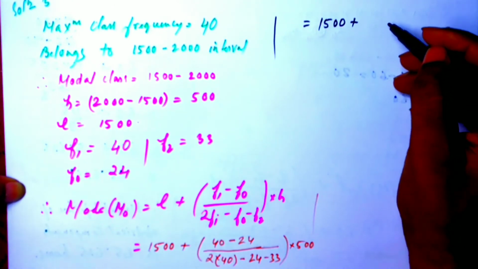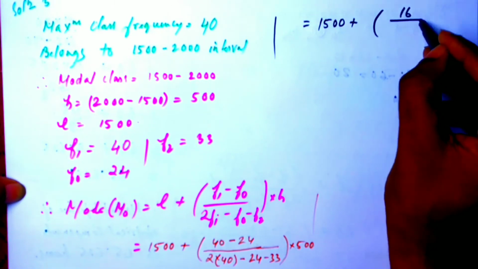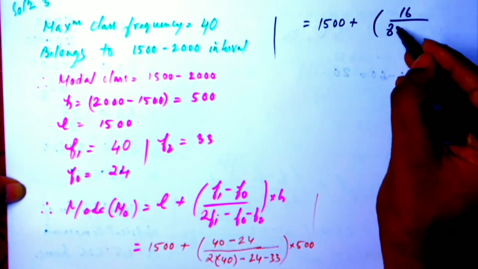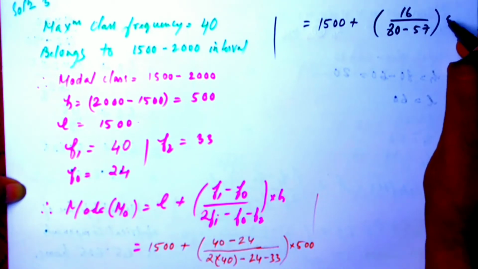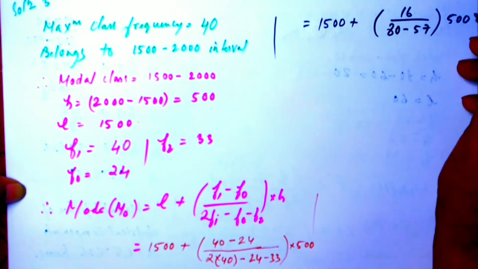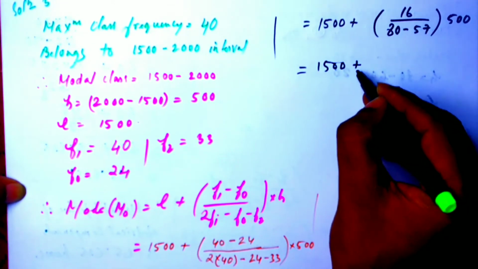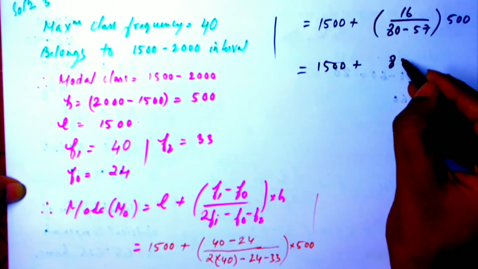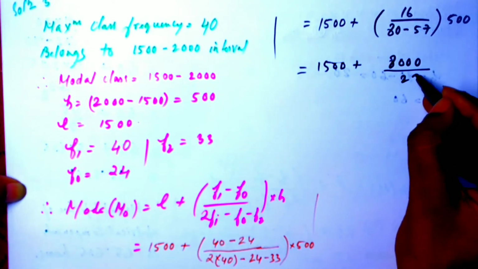So after calculation we have 16 divided by 80 minus 57 into 500. So this is equal to 1500 plus 8000 after multiplying, divided by 23.